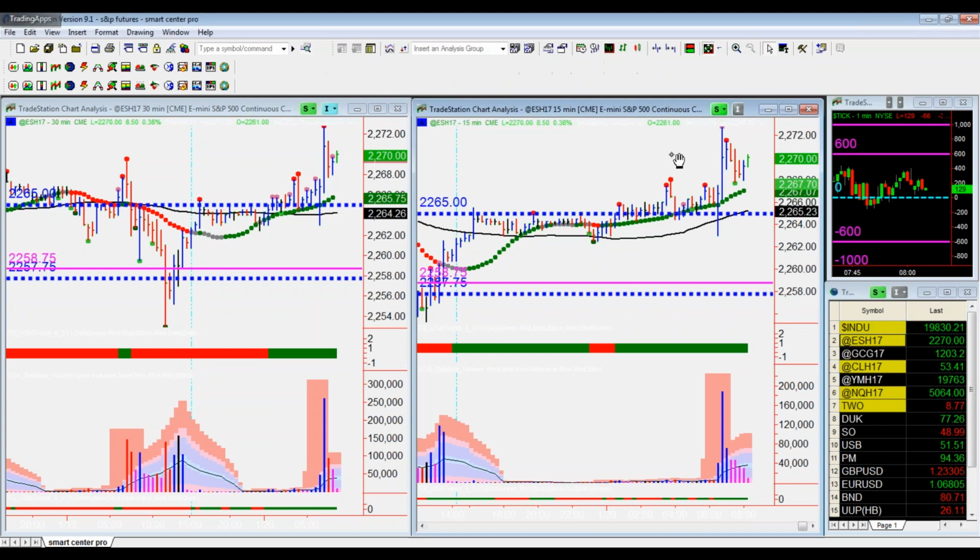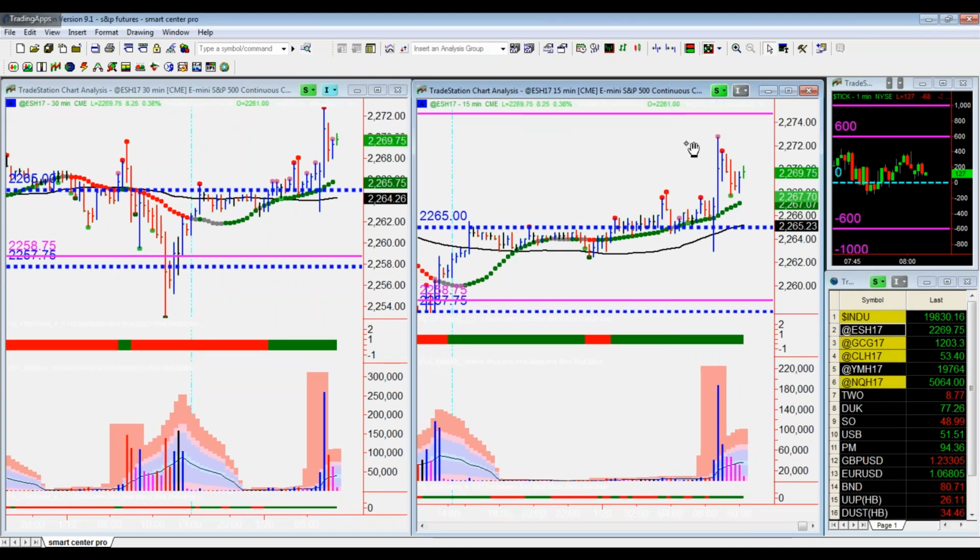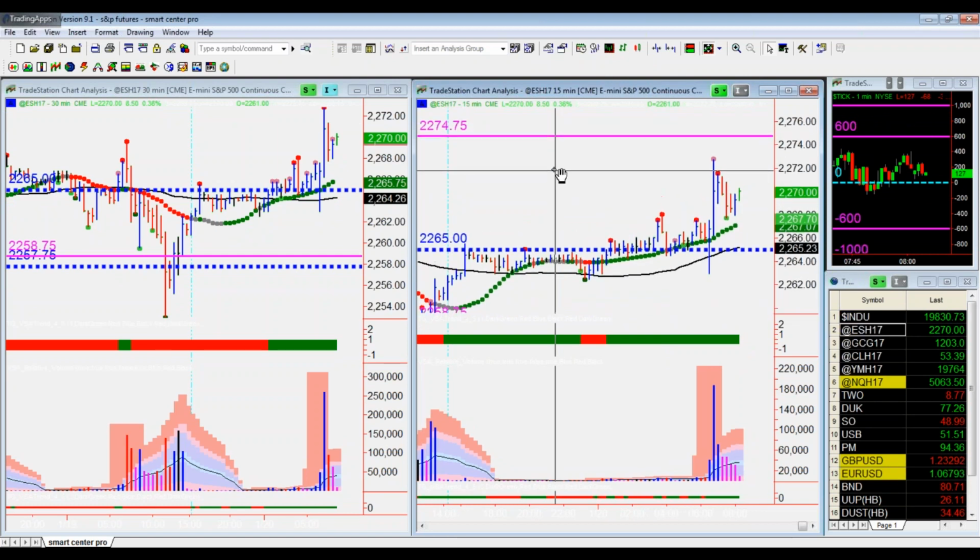If this falls through, it should challenge the high here, and possibly get to that 74 and a quarter.